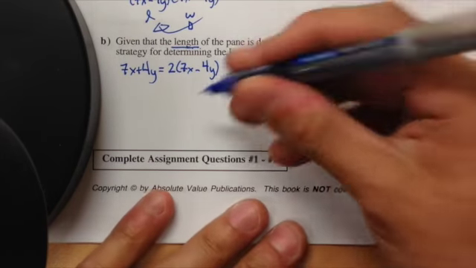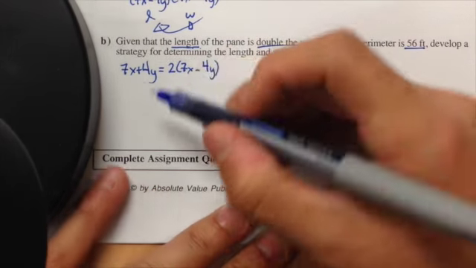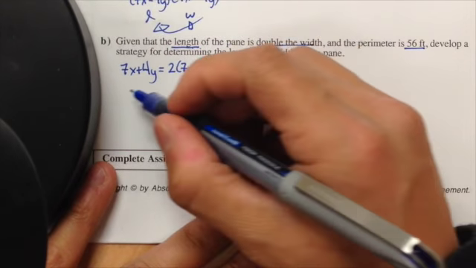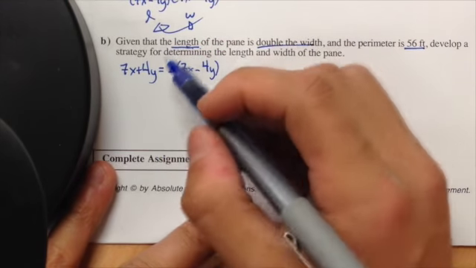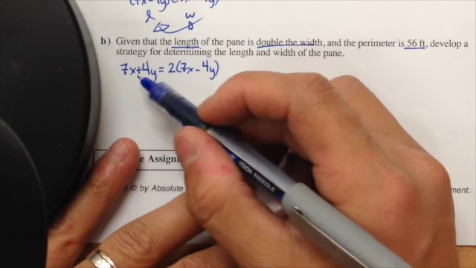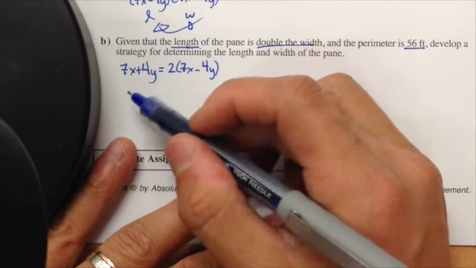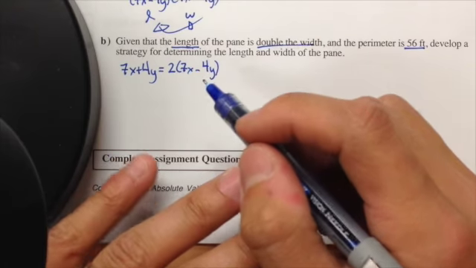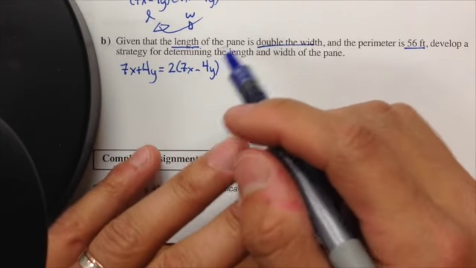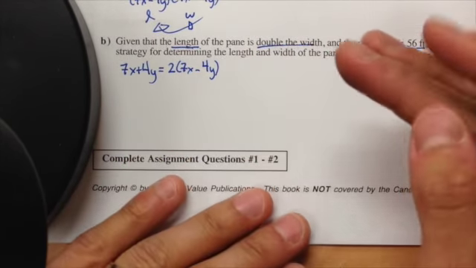So if I know that my perimeter is 56 feet, then that means that when I add 7x plus 4y plus 7x plus 4y plus 7x minus 4y and 7x minus 4y, those are all going to equal 56.